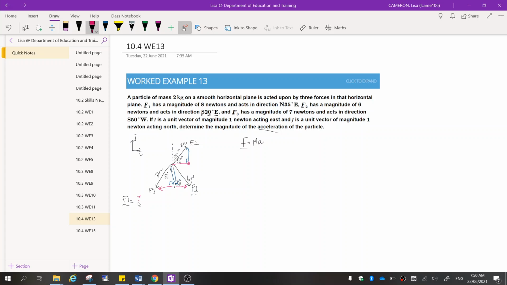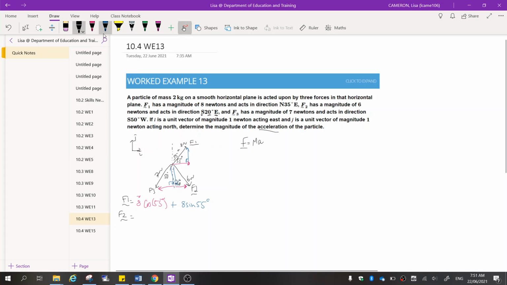It's got an 8 newton force, and that is going to be cos because it's adjacent. So cos 55 degrees, close bracket. Next one we're going to put in is our sine. Now the sine is going up, so it's going to be positive. 8 sine 55 degrees.